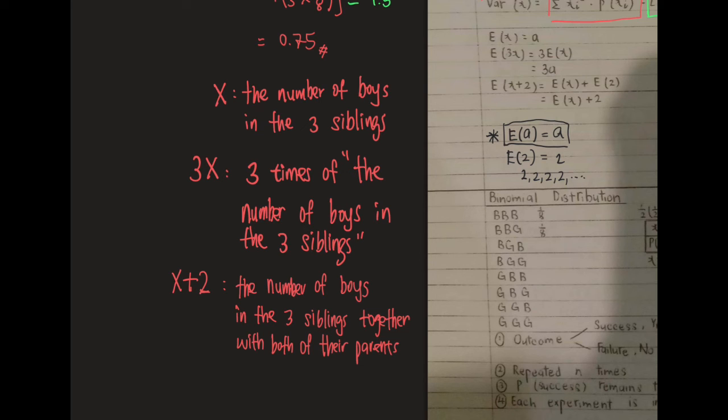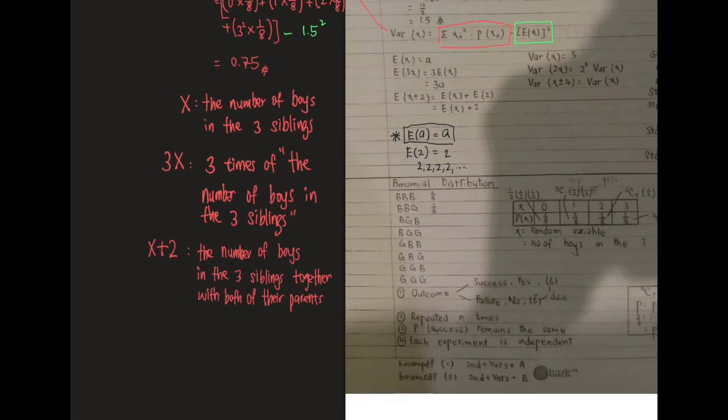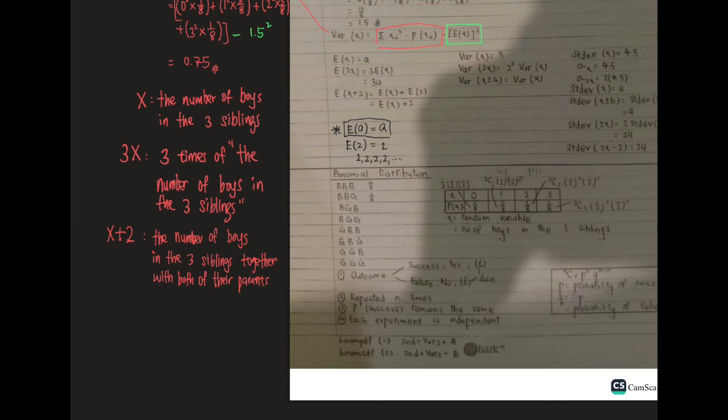So the 2 represents the 2 parents. Then it will be 1.5 for E of x plus 2, which is 3.5. So 3.5 is the answer.